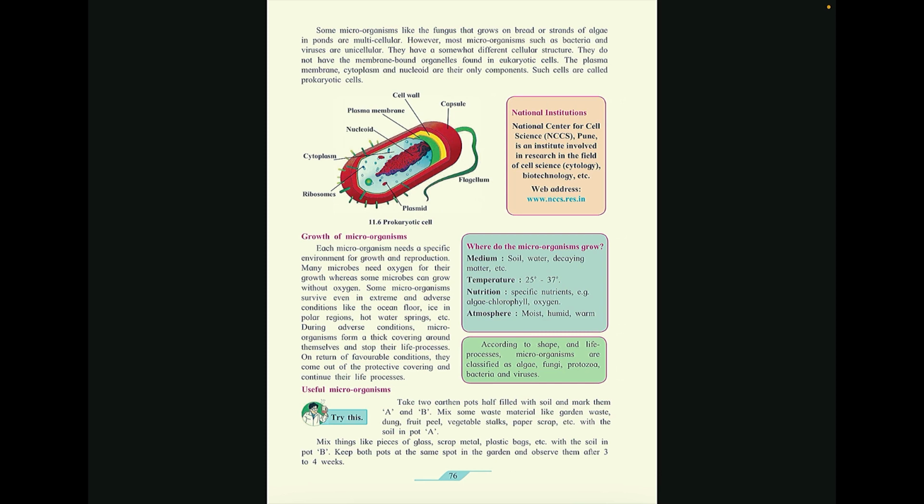First of all, we should know what this prokaryotic cell is. Prokaryotic means primitive cell. What is this primitive? When our earth was formed, the basic cells that formed were prokaryotic cells.